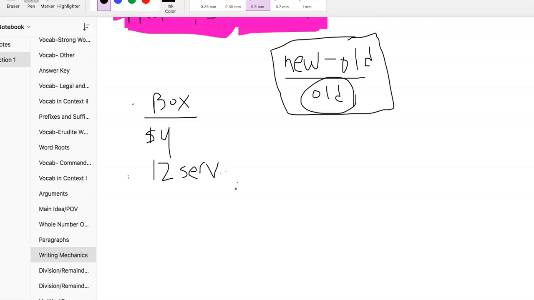So as you look at this, we've got 12 servings, $4. Before you even start doing the math, you know it has to be less than $1 per serving, because if it was $12 and 12 servings, that would be exactly $1 per serving. But it's only $4, so it's got to be a lot less than $1 per serving.